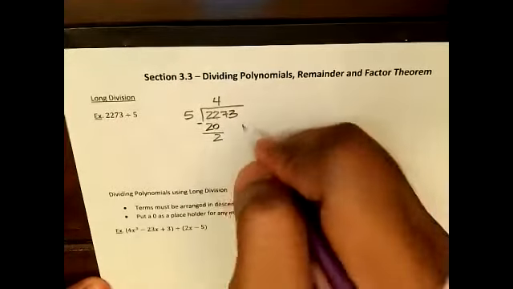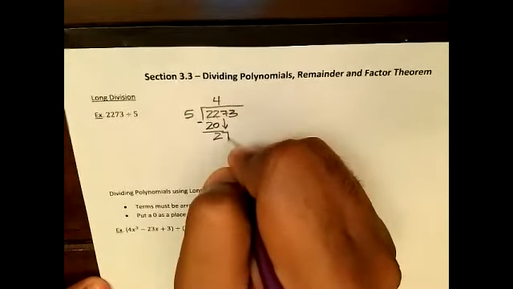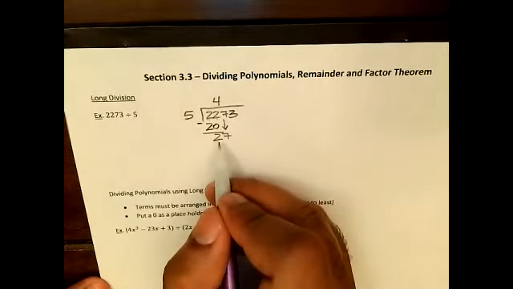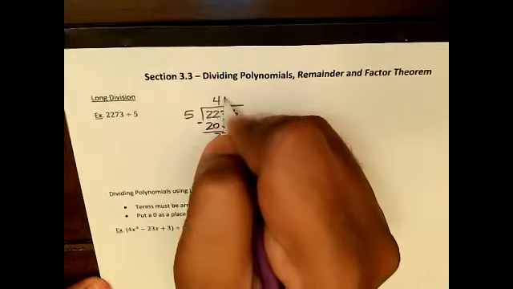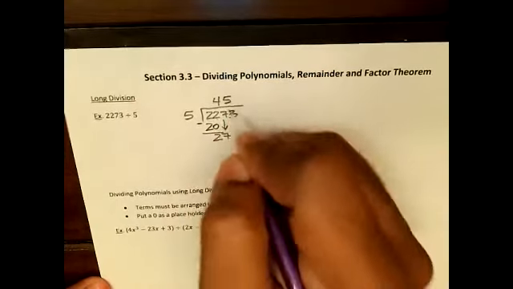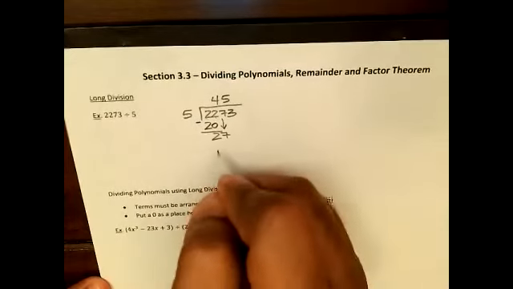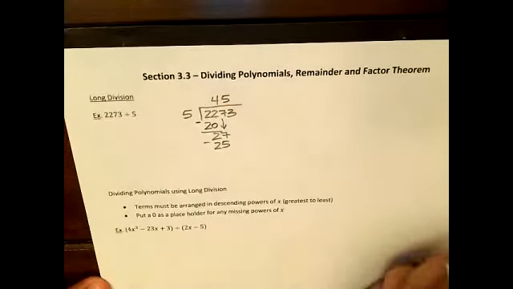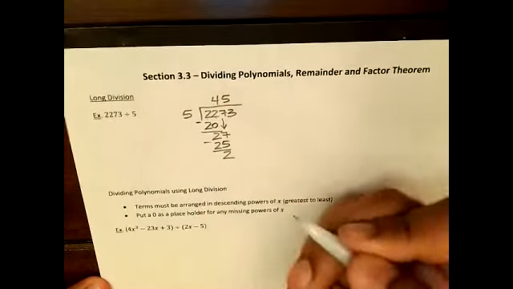After I subtract, next I'm going to bring down the 7. So now I have 27 down here, and I'm going to see, does 5 go into 27? 5 goes into 27 5 times, so I put the 5 up here, and then multiply 5 times 5, which is 25. I write the 25 underneath the 27 and subtract those two numbers. 27 minus 25 is 2.